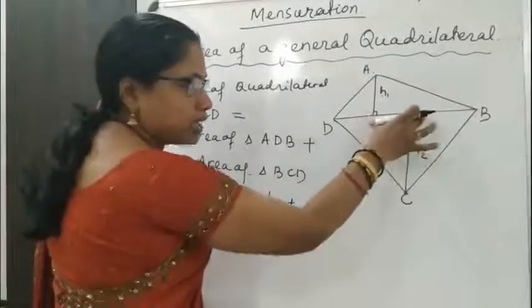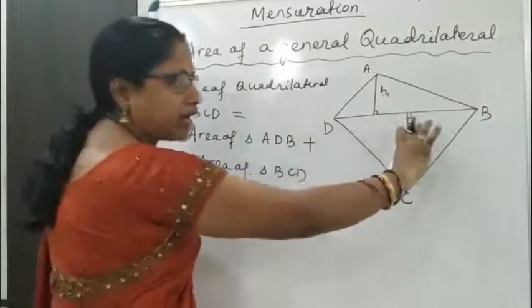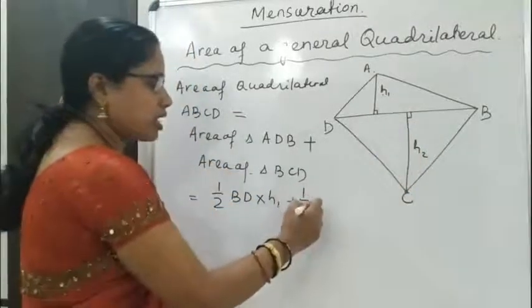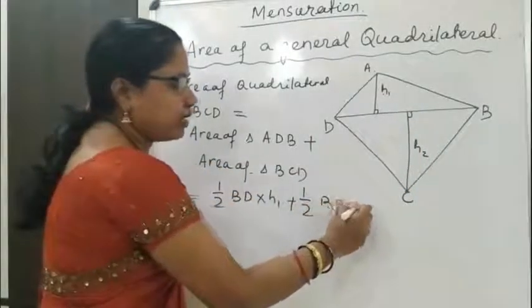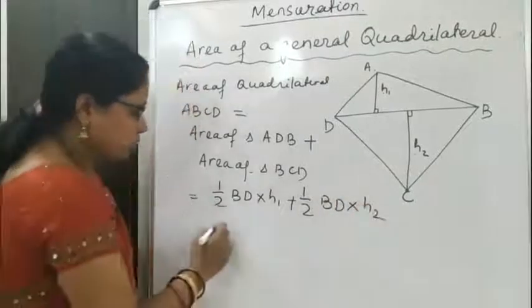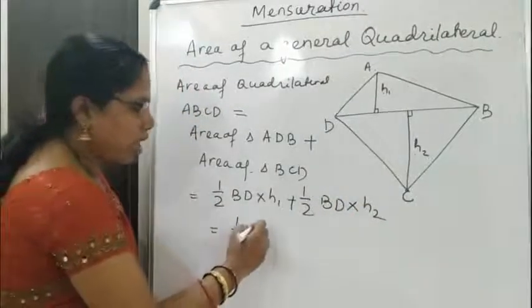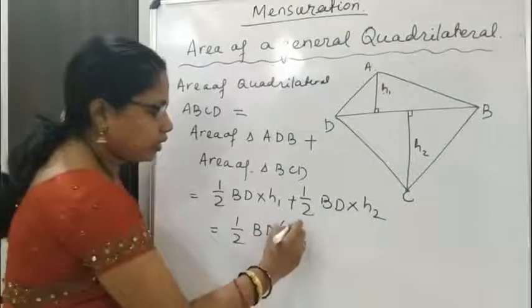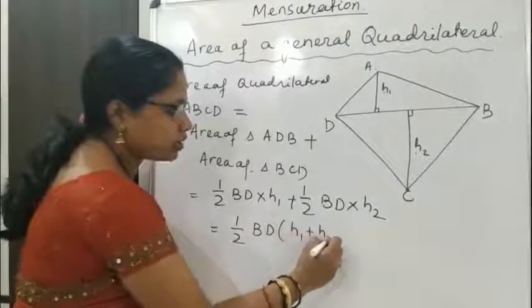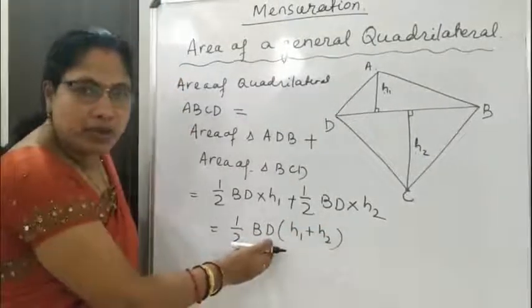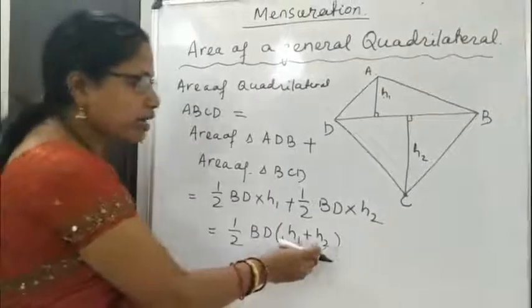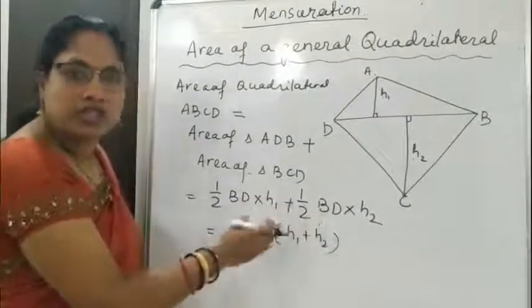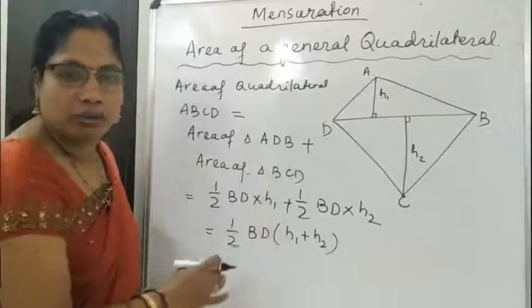For BCD, base is the same BD and height is H2, so half BD into H2. So this is equal to half BD into (H1 plus H2). Here BD is one diagonal and H1 and H2 are the heights to that diagonal from the opposite vertices.